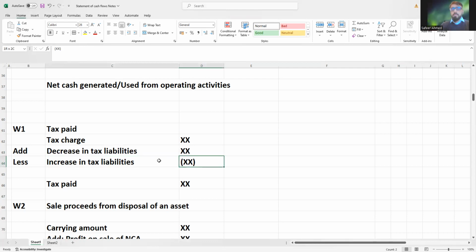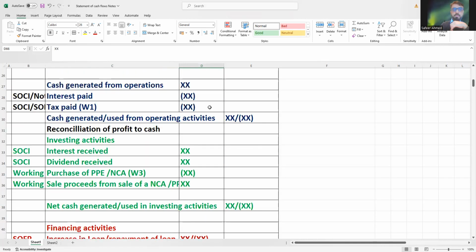It will be only one of them in a question, but I just wrote both so you know whether you will be adding or deducting it. So this will give you the tax paid amount, which you will of course deduct from here.